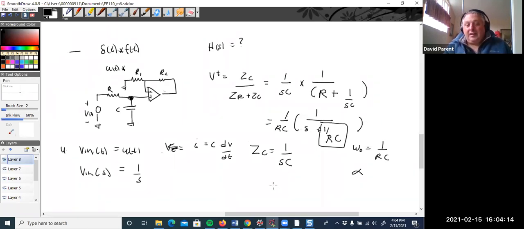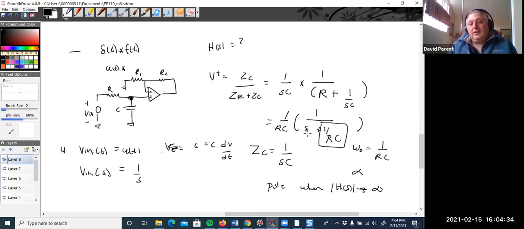The first thing is that it's a definition of a pole, where H(s) goes to infinity, or the magnitude.